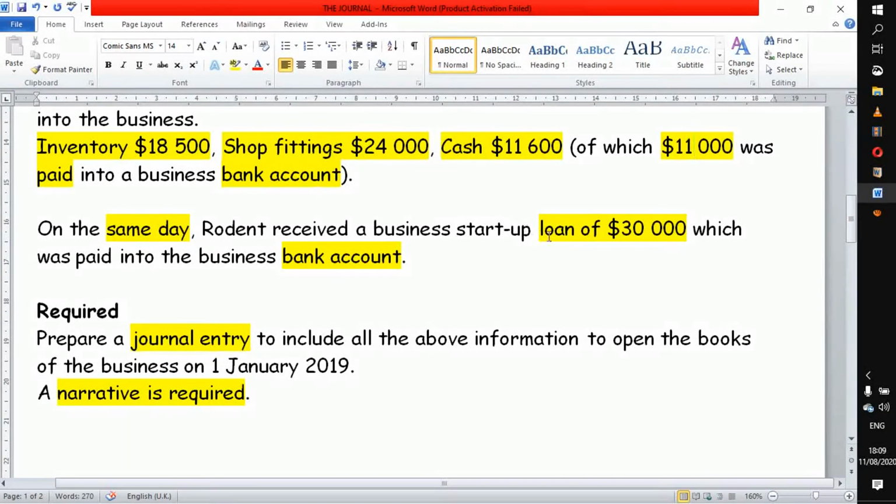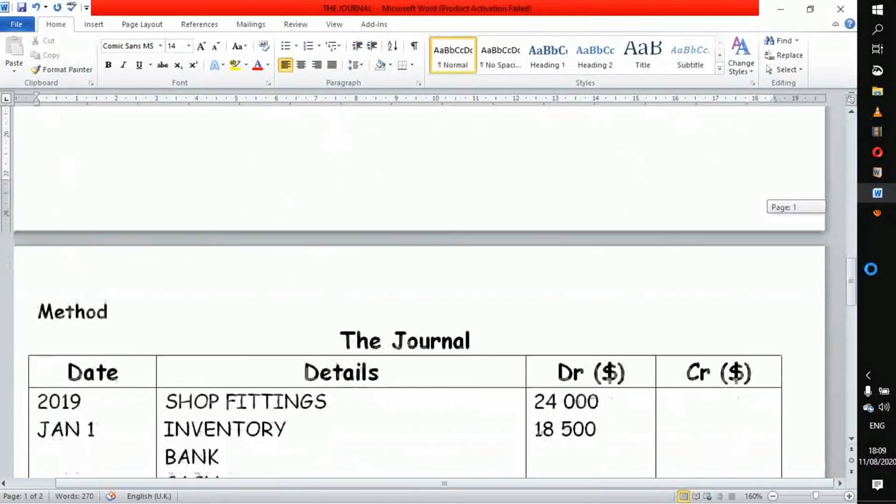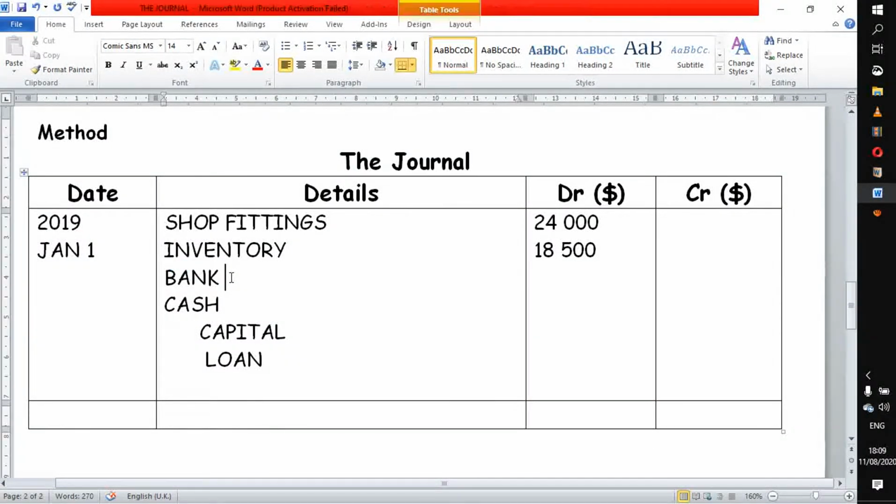And the bank account also received a loan of 30,000, which means in the bank account on the starting day, we have two amounts: 11,000, which was brought by the owner, plus 30,000, which is the loan deposited into this bank. So it amounts to 41,000. This is the amount now in the bank account.